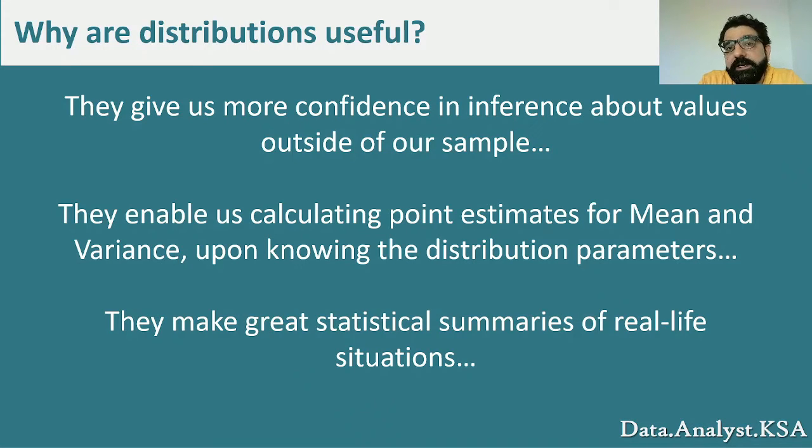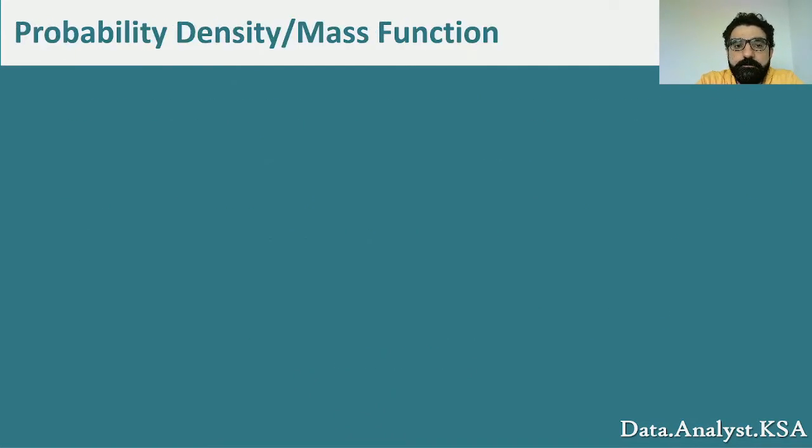And once it's following an exponential distribution, we can infer more about the mean than just taking the average of the sample. So things like this make statistical distributions very useful, and the common distributions that are used to model real-life events much more meaningful than just taking point estimates or the statistical summaries that we are used to taking.